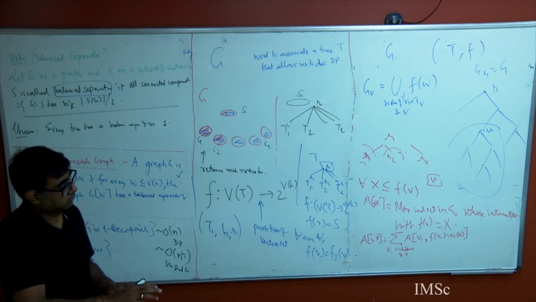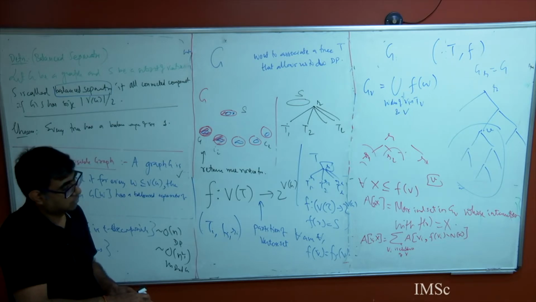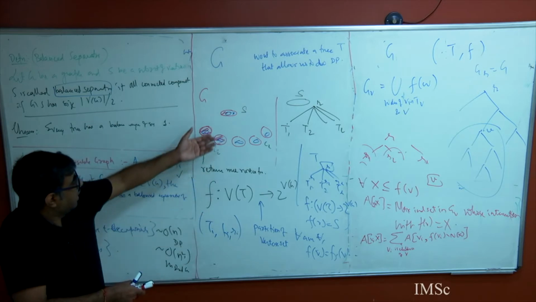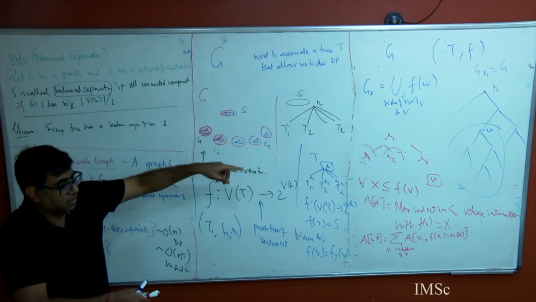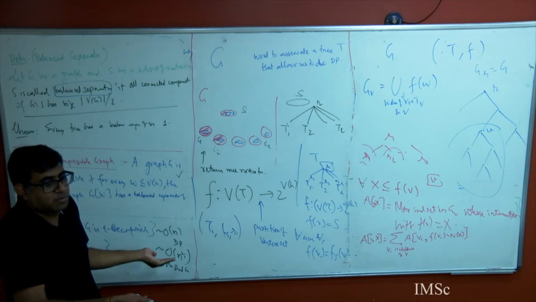What I'm telling is, by the definition of A of v, x, we are asking for max independent set in G of v_i whose intersection is exactly this. If these vertices are not even here, those kinds of independent sets will never be considered.